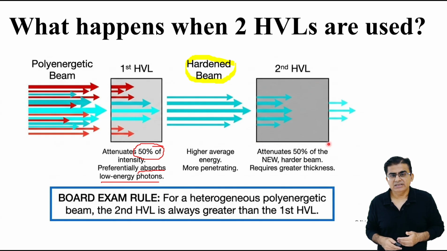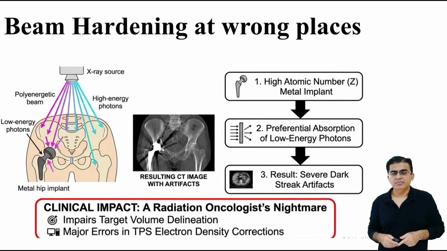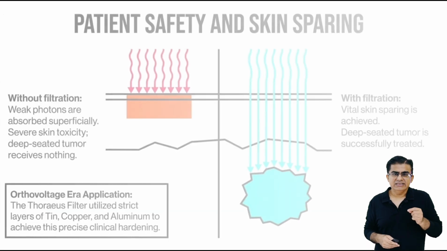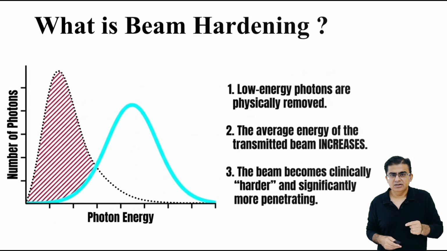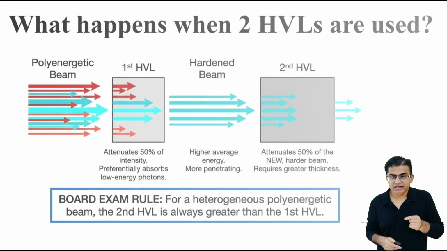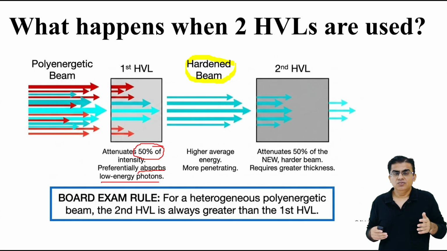The beam now enters the second half value layer on the right side of your screen. Because the incoming beam is now so much stronger and highly penetrating, this second block cannot be the exact same size as the first one. It strictly requires a much greater thickness to successfully stop these powerful blue photons.